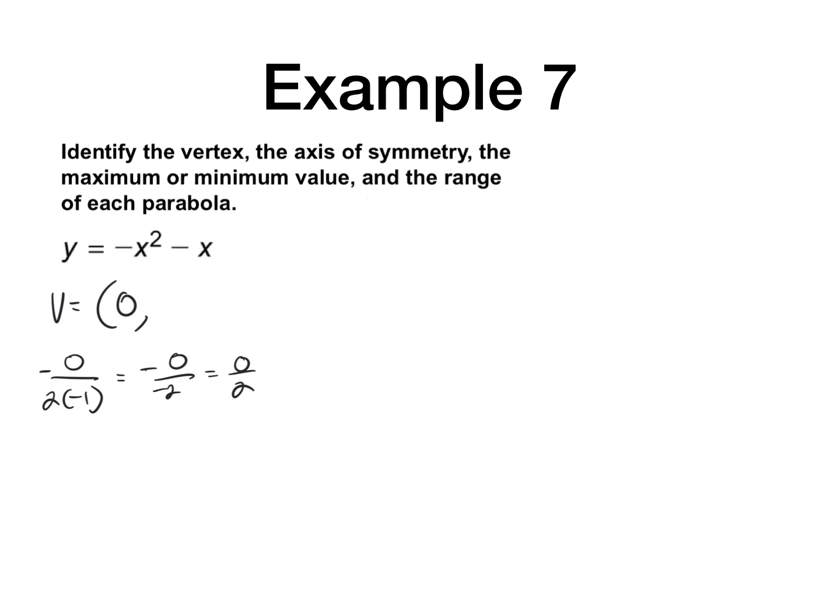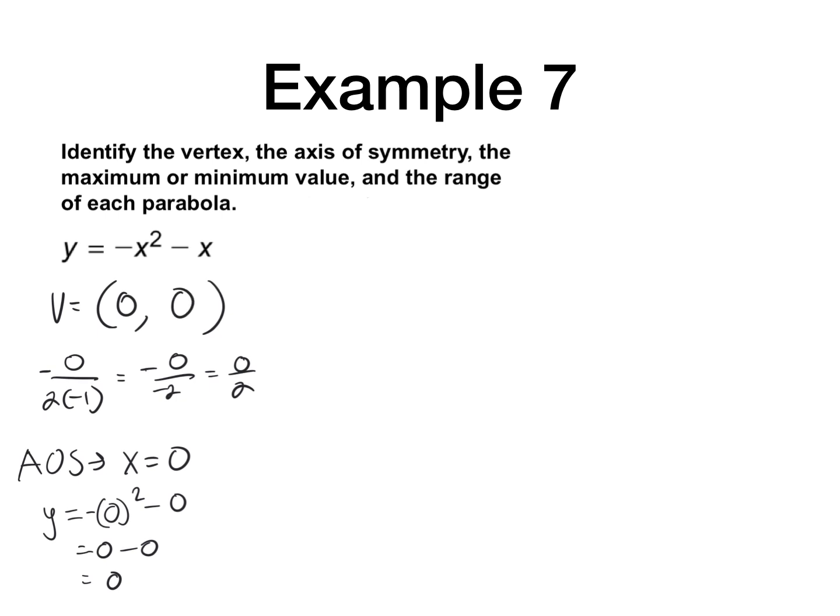So our vertex starts at 0, and we have to figure out the y. Now our axis of symmetry is going to be x is equal to 0. Now let's find the y value of this vertex. So y is equal to negative 0 squared minus 0. So we get 0 minus 0, which is just 0.